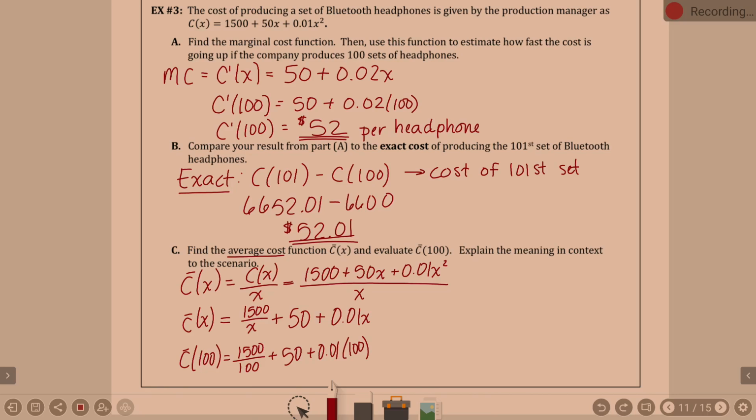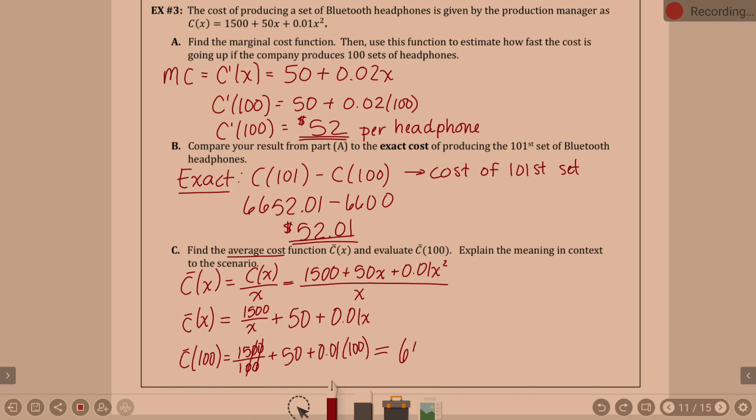Let's see, 1,500 divided by 100 is 15, plus 50. What's 1/100th times 100? 1. That's 66. So we're at 66.